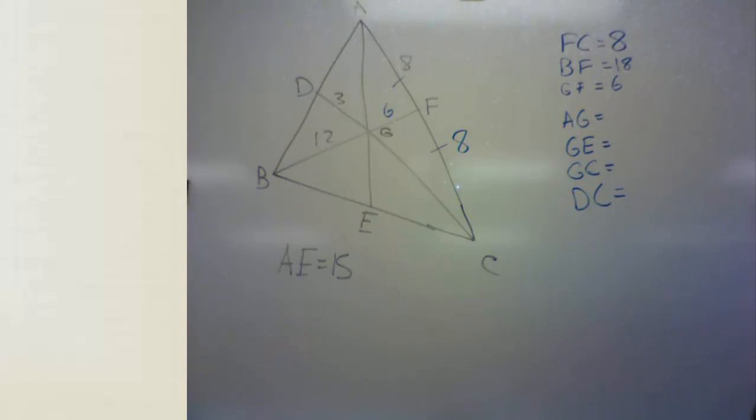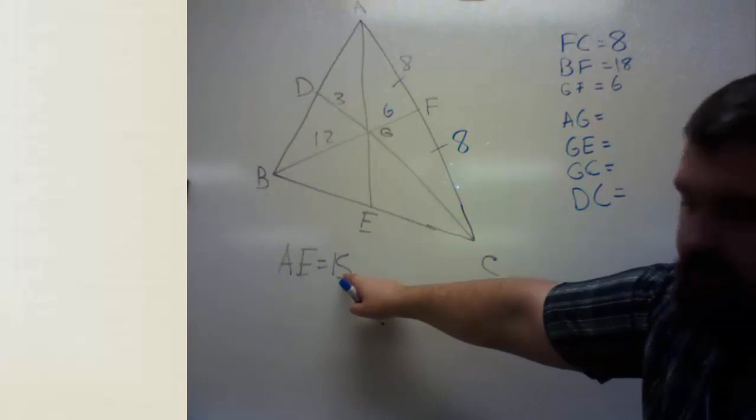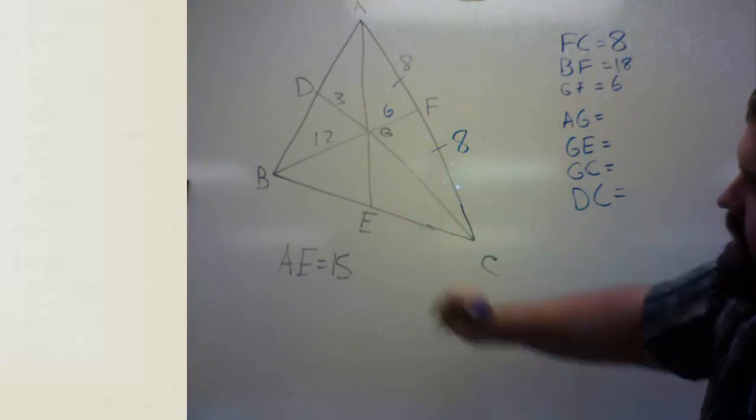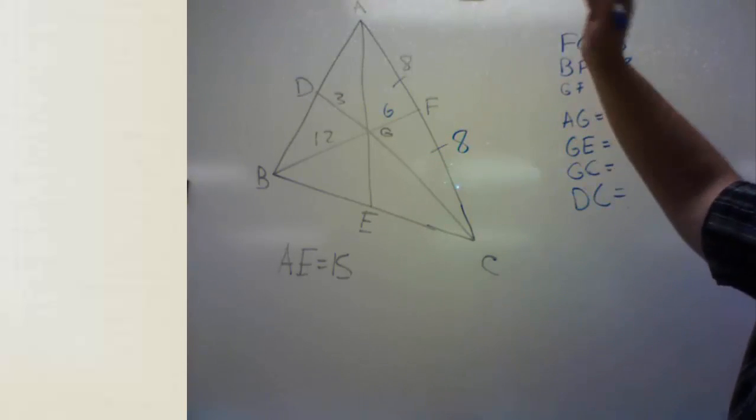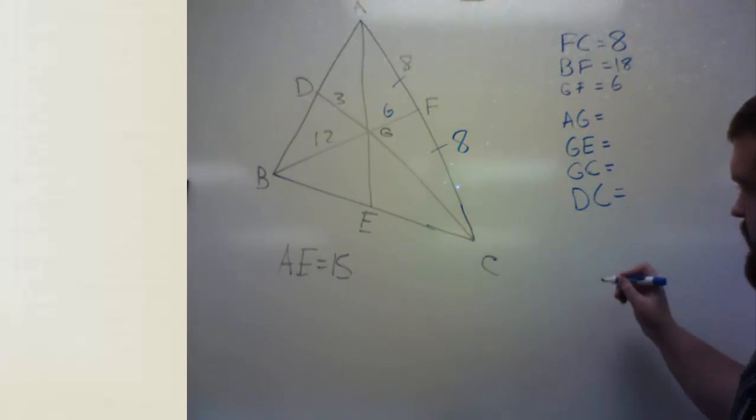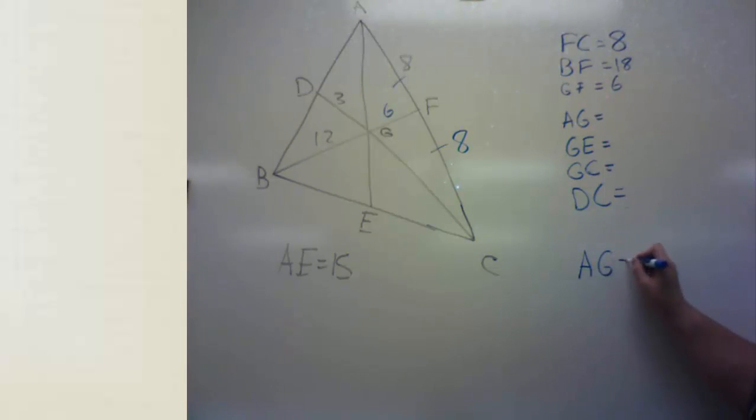The next one, length of segment AG. Well, right here, I know that the length from A to E is 15. And if I'm looking for length of segment AG, well, that's from vertex to centroid. So length of segment AG equals 2/3 the total length from A to E. So length of segment AG equals 2/3 of 15.